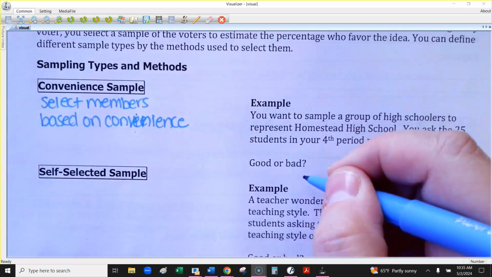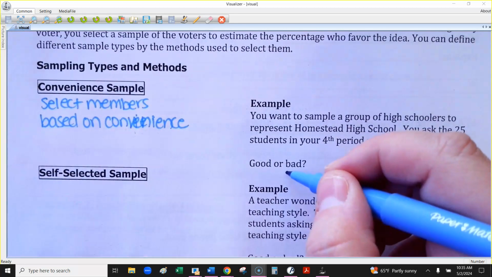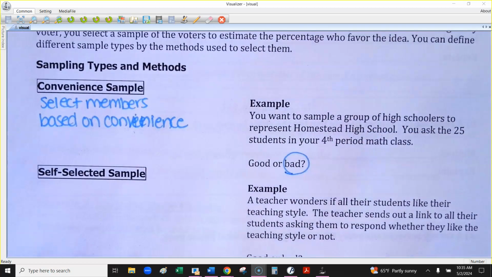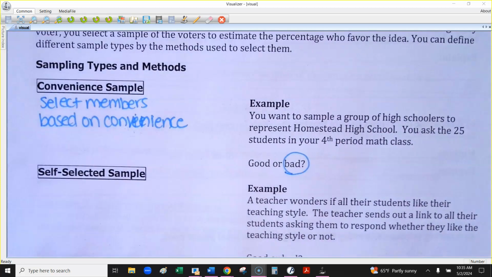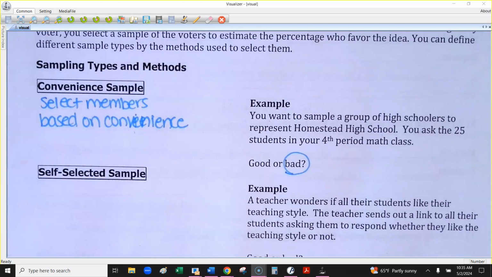Usually a convenience sample is a little bit lazy, so it's usually not the greatest sample. I don't think I have any freshmen in this class, so we're not representing anybody there. Not everybody's going to get all the way to Algebra 2 in their math classes, and not everybody's taking a math class. So it's convenient for me to ask you guys a question, but it wouldn't necessarily be a great sample of the entire student population.